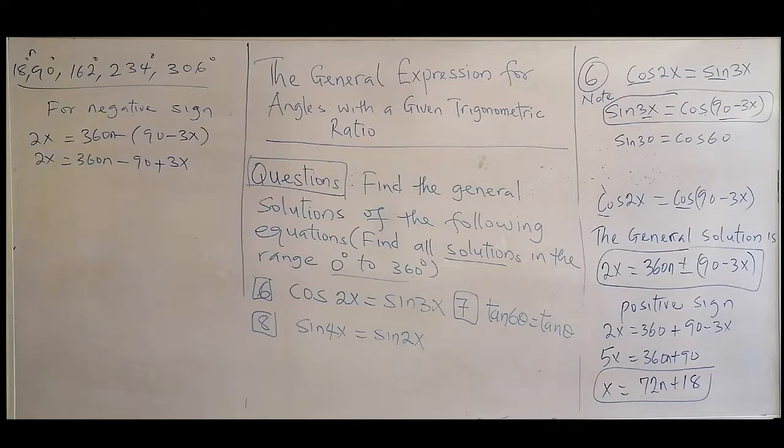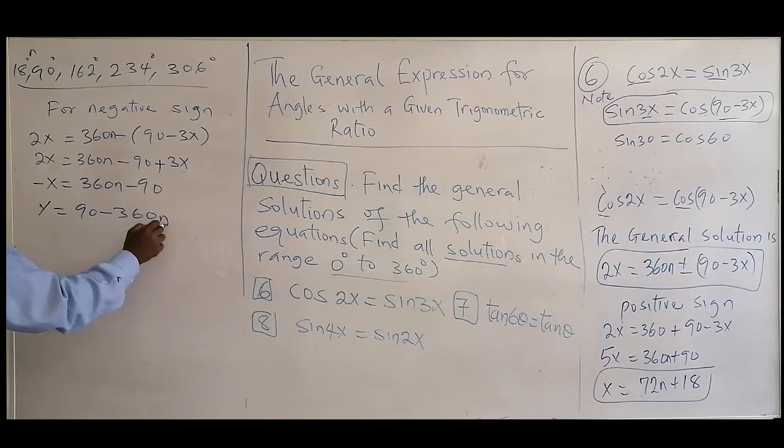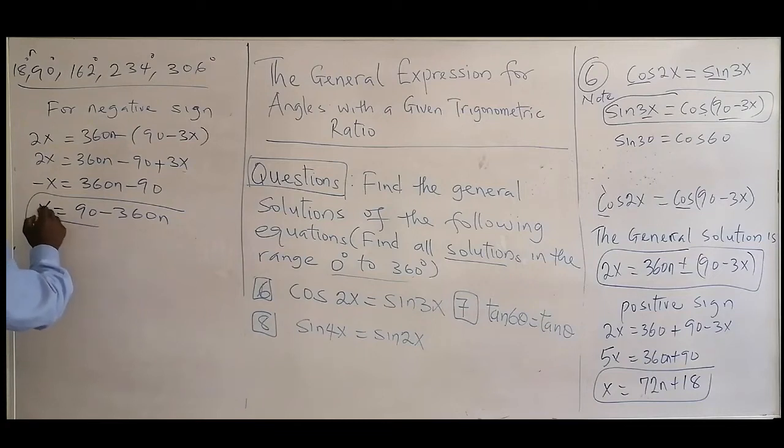So we can move this one to the other side, which will be equal to 2x minus 3x, equal to 360n minus 90. Then we can multiply through by minus, so we have x equal to 90 minus 360n. This is the general equation for the negative one.